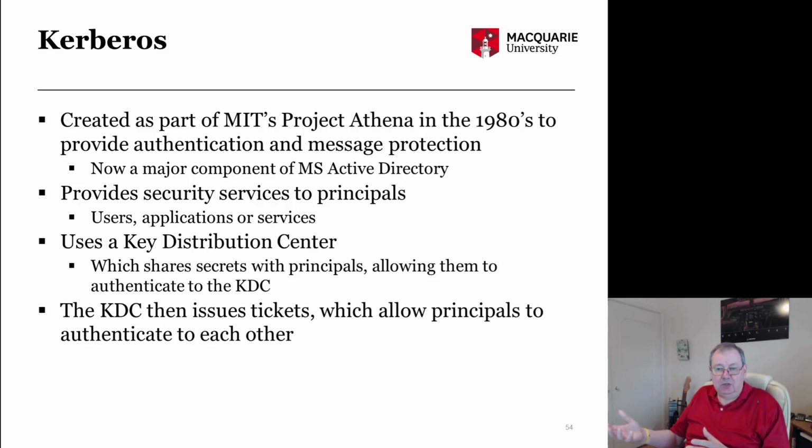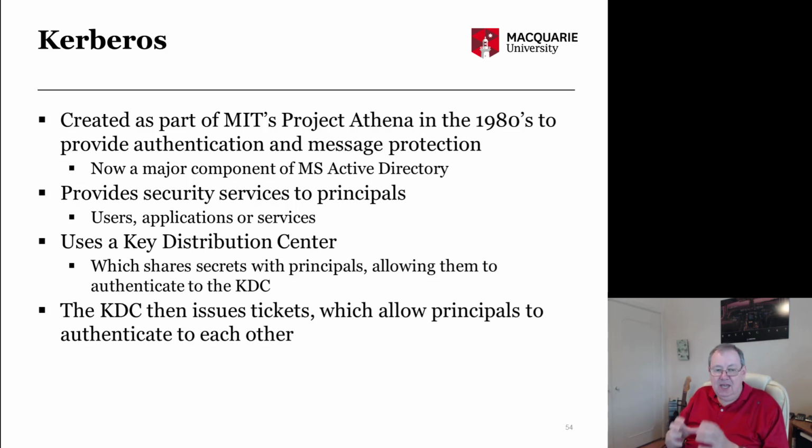which spun off lots of interesting things like the X graphics protocol, for example, which is what gives you graphical desktops on Unix boxes and the like. Right? And it was intended to provide authentication and message protection. It's a key distribution protocol, derived in part from the Needham-Schroeder secret key protocol. It provides security services to what are called principals, and the principals are people and services like database servers, for example, and those kinds of things.